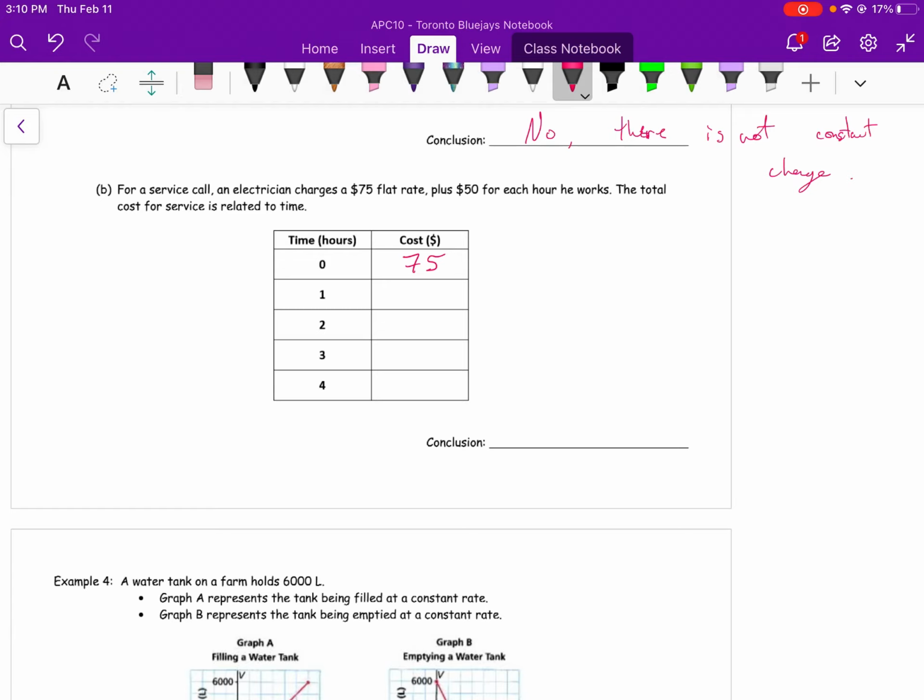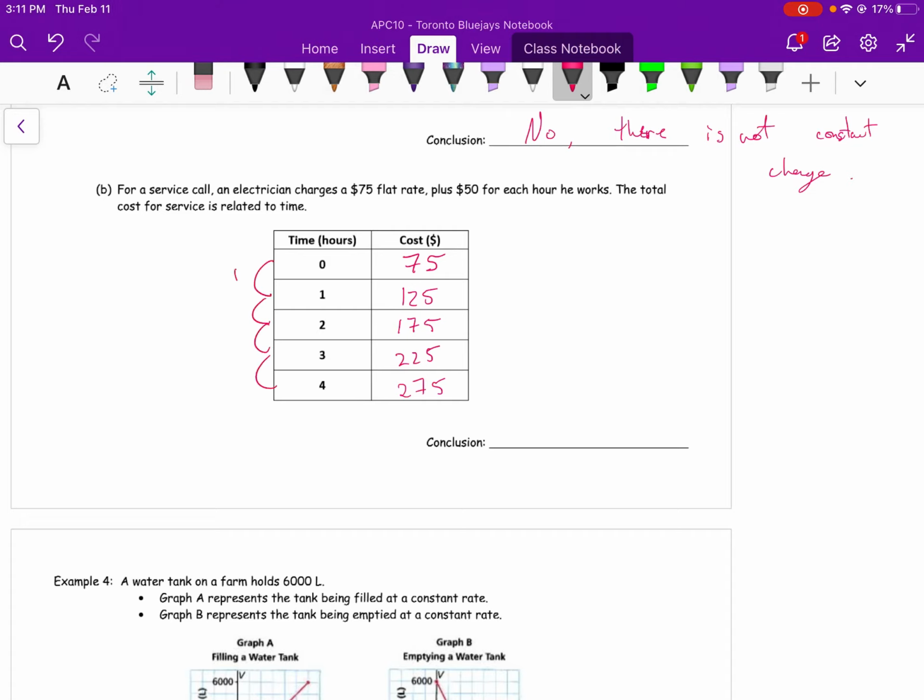And for 1 hour, it is really $75 plus $50, which is $125. And then 2 hours is $75 plus two $50s, which is $175. And we can carry on in this order to get how much an electrician costs.